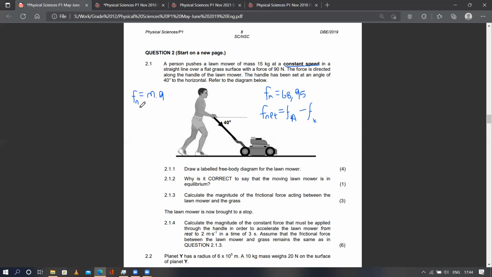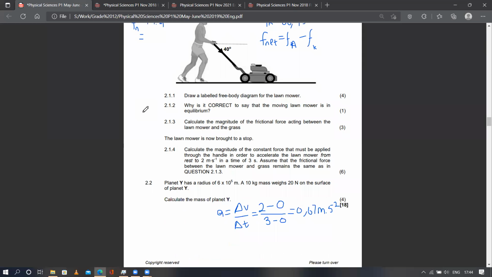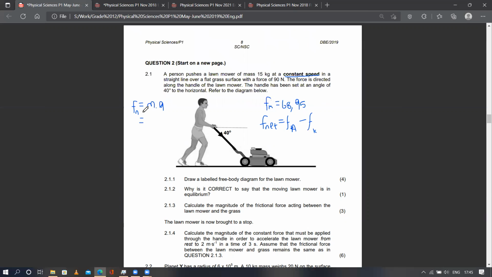So in this case, it's not going to be 0 newtons. We have our acceleration, which is 0.67. Multiply that by 15, we're going to get 10.05 newtons. So that's our net force.